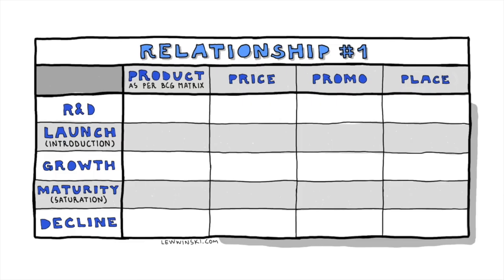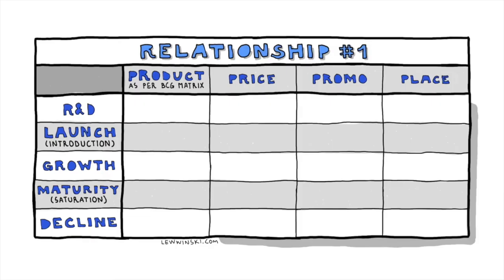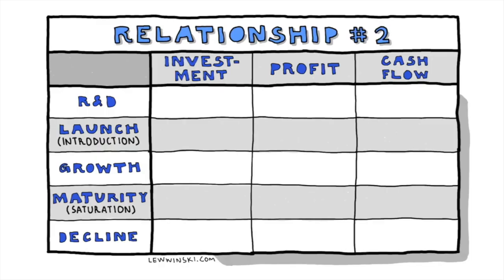The way we're going to do that is I'm going to talk about each stage of the product life cycle, and in what I'm saying, you will find out the relationships to product portfolio, elements of the marketing mix, investment, profit and cash flow. As you listen, fill in this table, relationship number 1, and that table, relationship number 2.